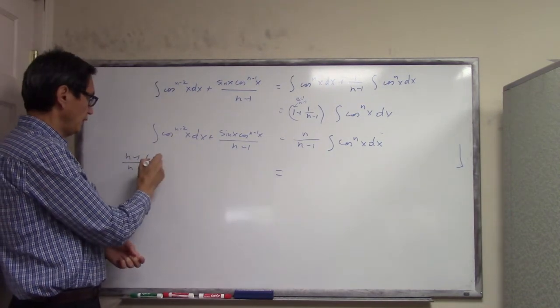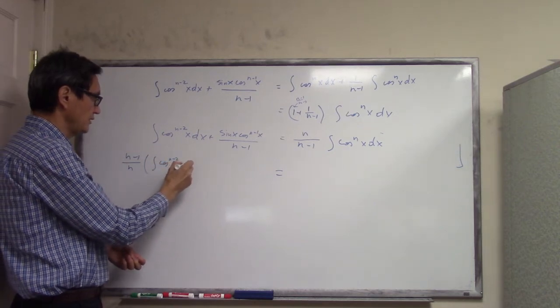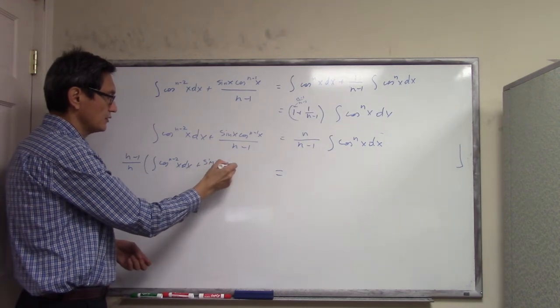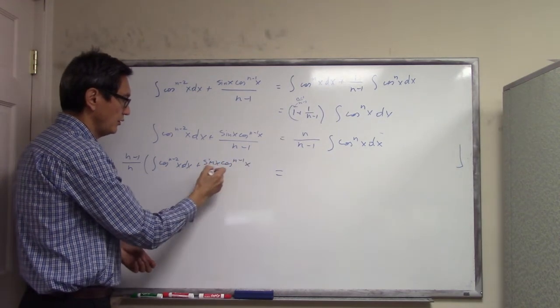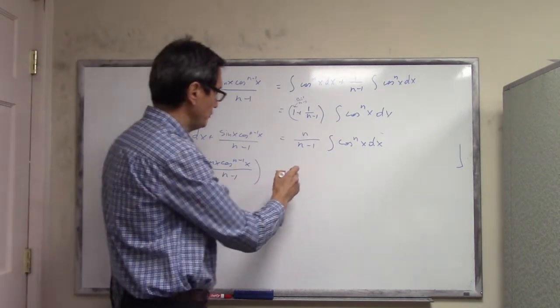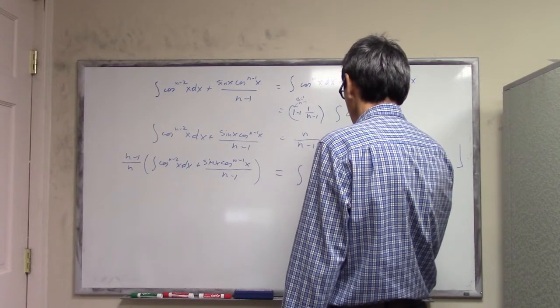The integral of cosine n minus 2 x dx plus sine x cosine to n minus 1 x over n minus 1 equals the integral of cosine to n x dx.